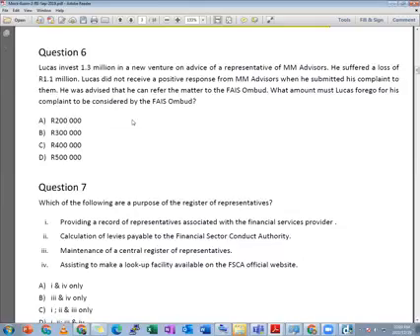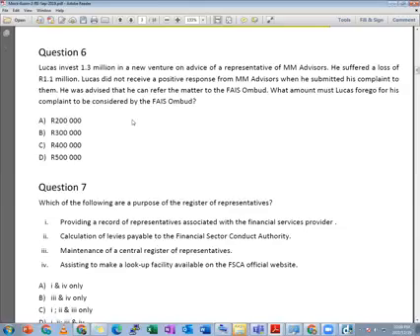Remember, guys, there is a certain amount, which is 800,000 rand possible payment when you are referring your complaint to the Ombud. So he must be ready to forego an amount of money from the loss that he suffered of 1.1 million. And so if he suffered 1.1 million, he can only recover 800,000.